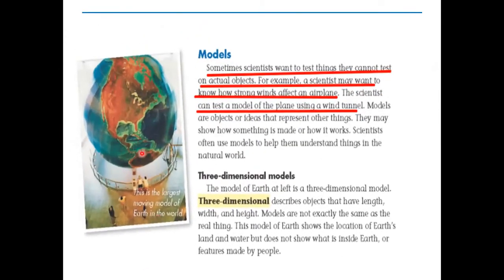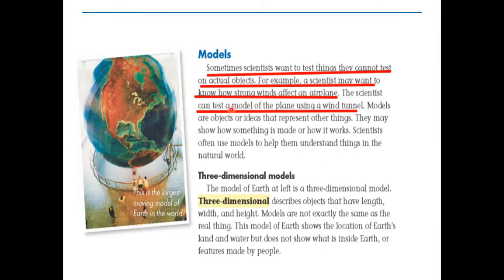Look also at the picture here. This is the largest moving model of the Earth. Now, sometimes, as I told you, scientists want to test things they cannot test on actual objects. For example, a scientist might want to know how strong winds affect an airplane.